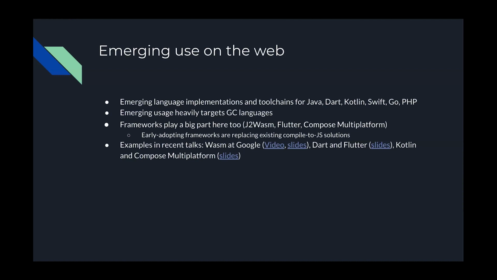One high profile result is usage with Google Sheets, which has its calculation engine for the formulas. It's written in Java and it runs on both the server and on the client. And they're compiling that to WebAssembly, and they got a good speed up from doing that compared to JavaScript. So there's more detail on a bunch of that in these links here.